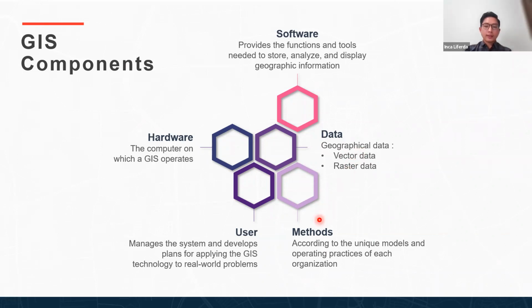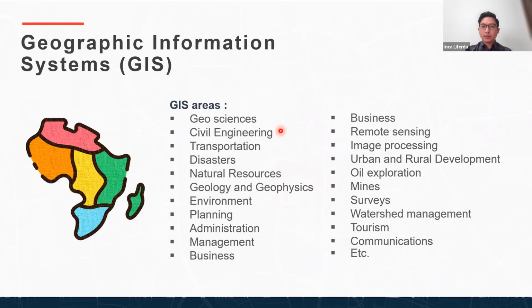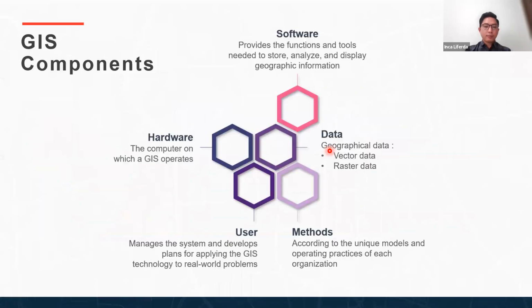And then the next one is methods. Like we saw in the previous slide, there are a wide range of areas that have already implemented the GIS. Based on the areas, there are a number of methods, of course. For example, in logistics, we are going to use extensions that may not be used by other fields.